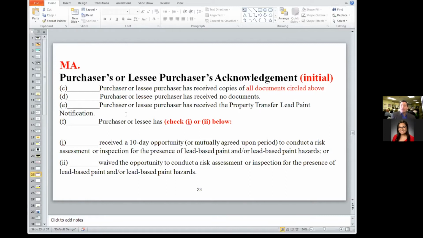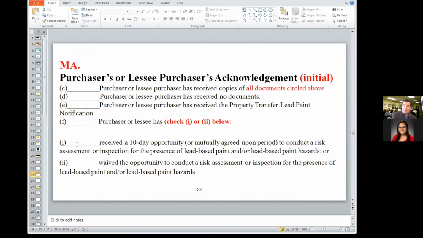And then over here, make sure the purchaser checks right over here. Like it says check, it says initial. Hey, if you put an initial here instead of a check right here, you got a problem.